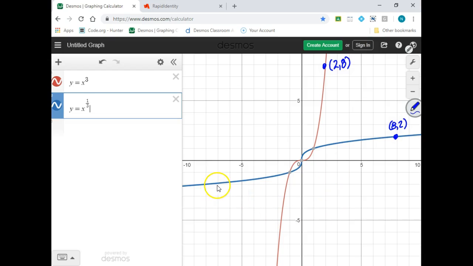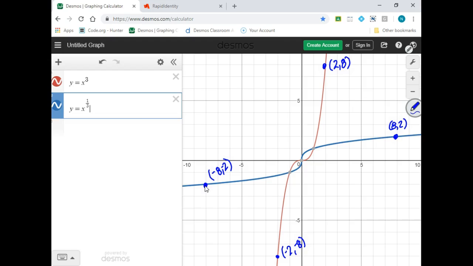If I have a point over here, like negative 8, 2, whenever I reflect it, oh, that should be negative 2, then that means the point negative 2, negative 8 should also be on the other graph. So that can kind of help you check. There's a section on your homework where you're going to have to match graphs to their inverses.